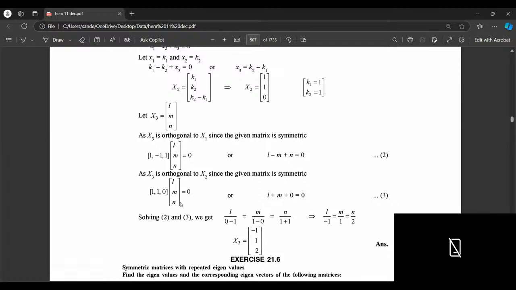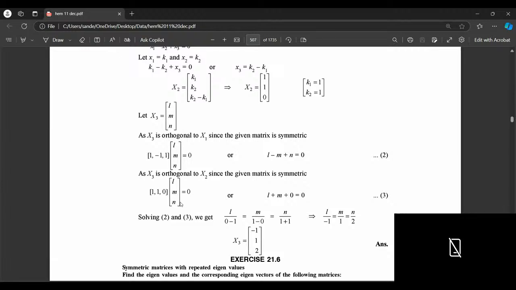To find the third eigenvector in case of a symmetric matrix with repeated roots, we have to use that property. Eigenvectors are orthogonal in case of a symmetric matrix. So using the same concept, the orthogonality property, we can find the third eigenvector.